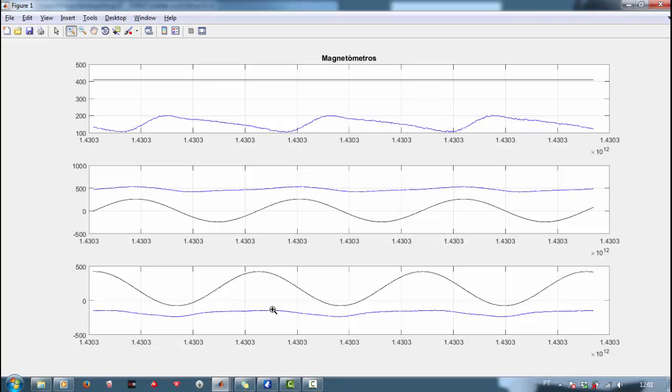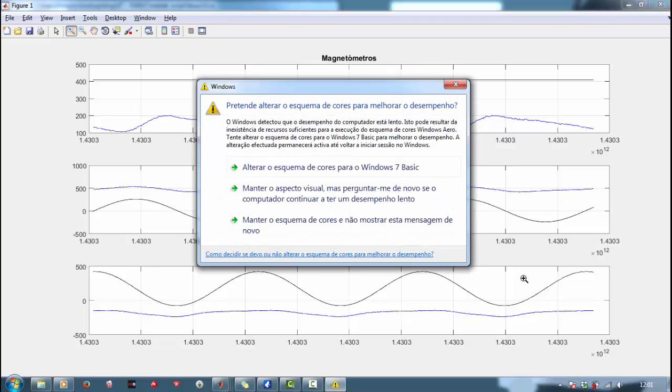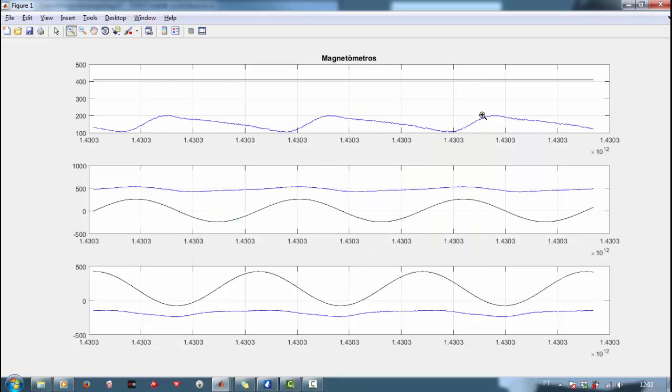However, I believe that the magnetometers are probably influenced by the electric current that is passing through the robot.